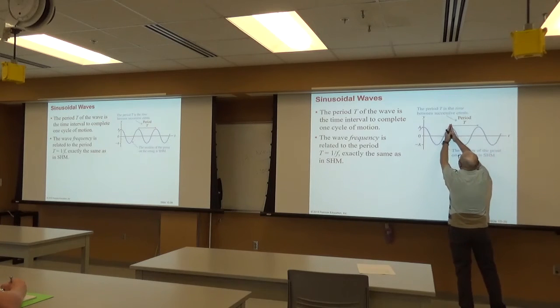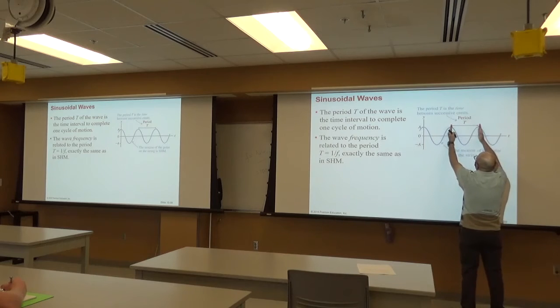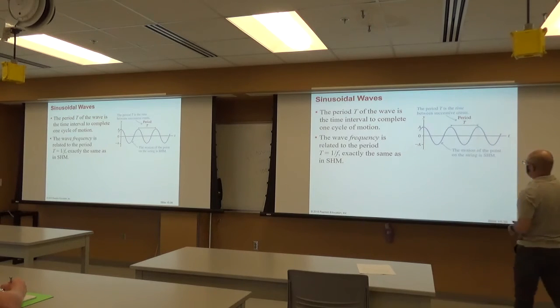So starting from crest up to crest, that distance is one wavelength. And the time it takes to cover that distance is capital T. So distance is lambda, from here to here, and time is capital T.